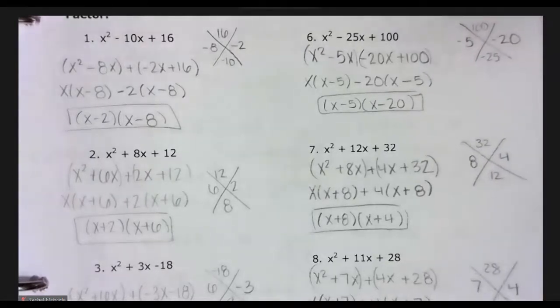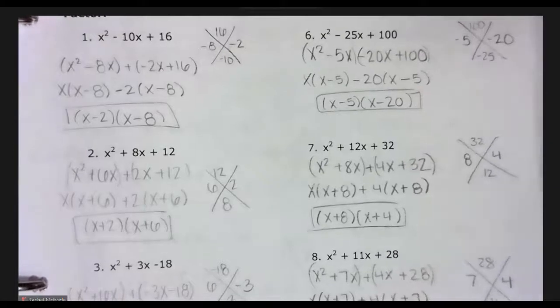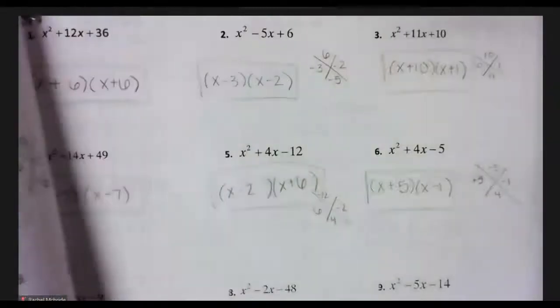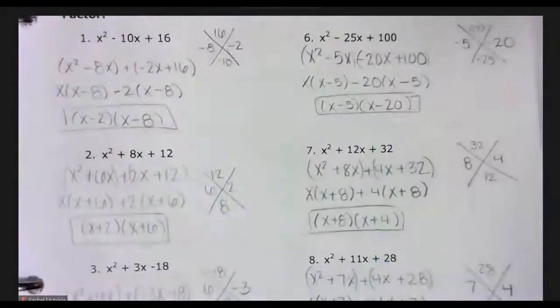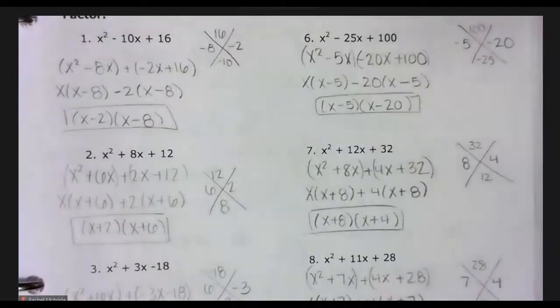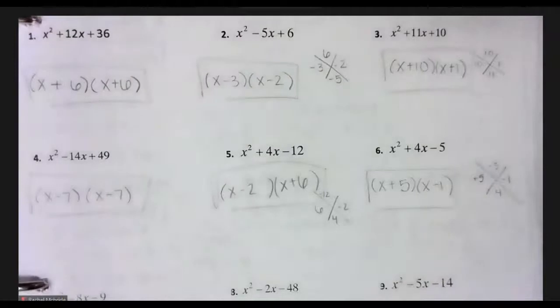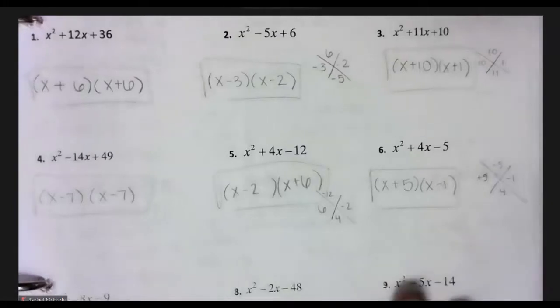Thumbs up, thumbs down. Okay. Factoring with A equals 1. What is your very first problem? I have that one right there. Okay. Next one. The next page? Yeah. Mine's x squared plus 12x plus 36. So this one.